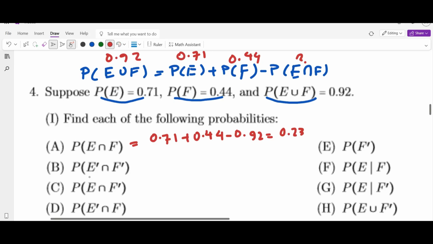Now the next part is asking to find the probability of the intersection of complements. This looks like it's not connected to the rest of them, but with the right formula, it could be connected. So what is the right formula? In this case, I know that the probability of the intersection of the complements, by De Morgan's law, is the probability of the complement of the union.